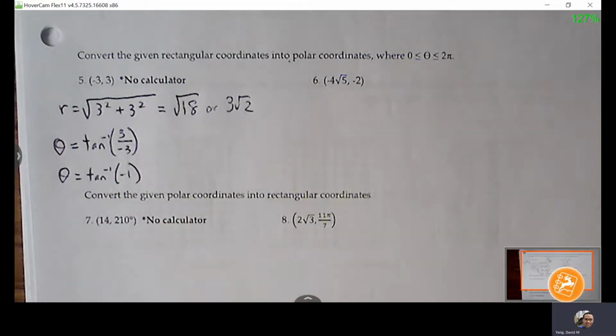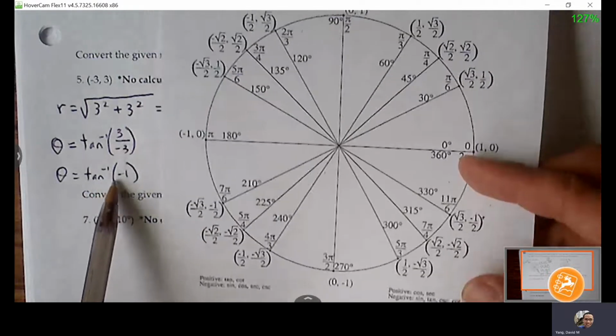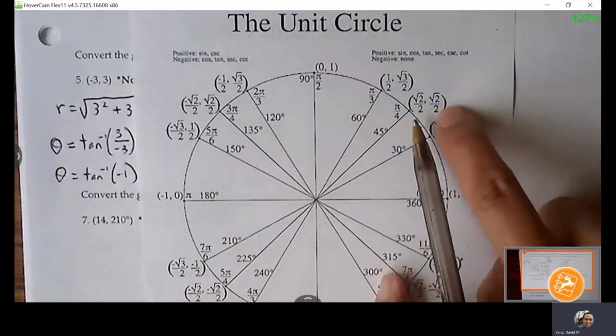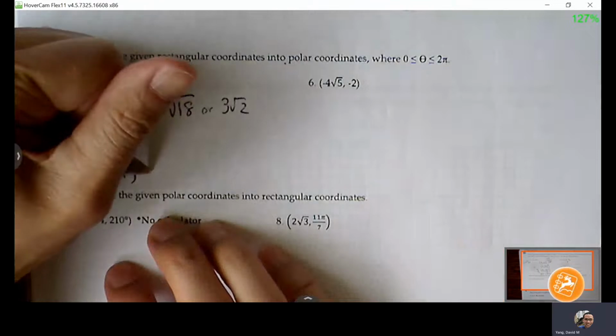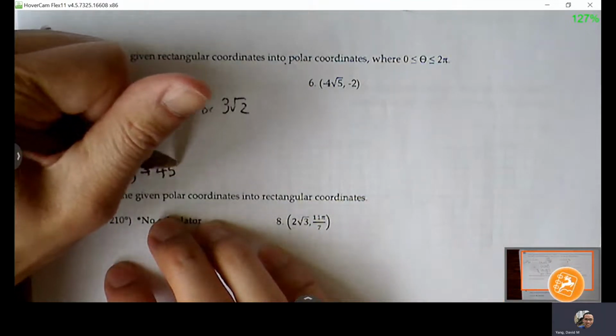Look at your unit circle. Yeah, a variation of pi over 4, or 45 degrees. Tangent is y over x, so the only place that y over x is going to be 1 is if they're the same. So that's going to be pi over 4.